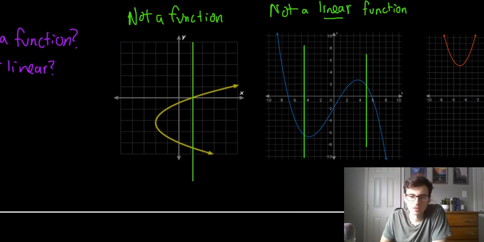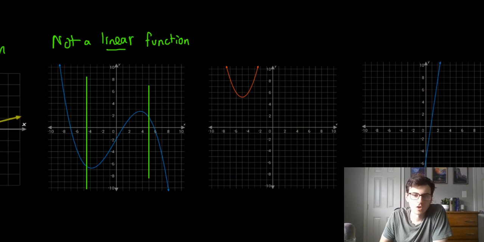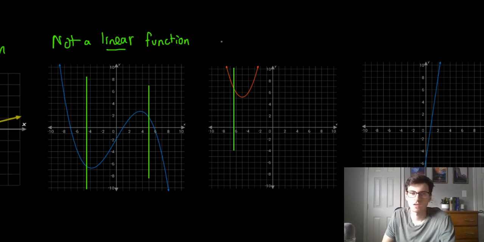Okay, how about this next one? Again, looking at it, it passes the vertical line test, right? That vertical line, no matter where I put it, is not going to cross that function twice. But it's curvy. So since it's curvy, it's definitely not a linear function.